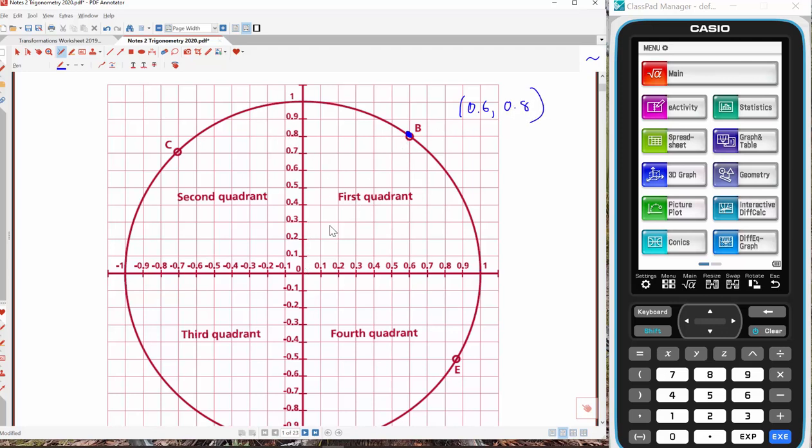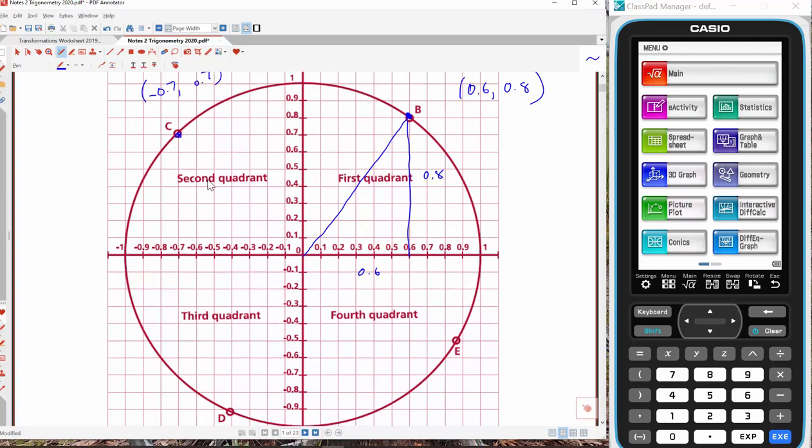And maybe you can start to see how this relates to right-angled triangles, because if I draw one quickly there, you can see that from there to there, it's a length of 0.6, and from there to there, it's a length of 0.8.